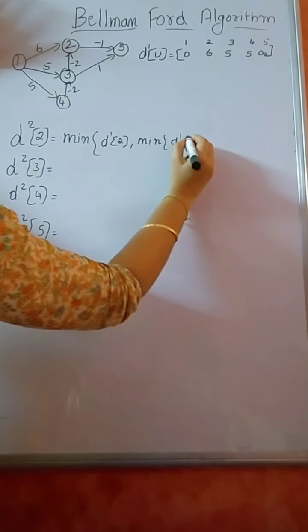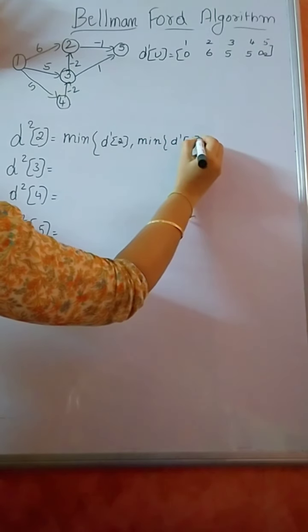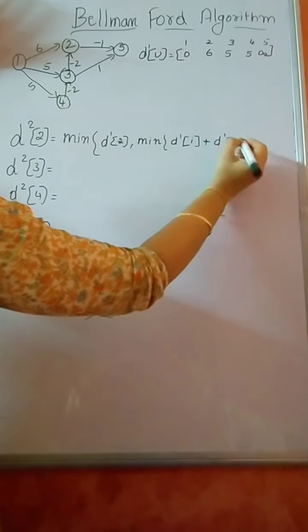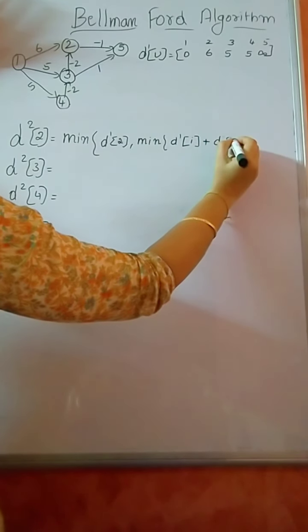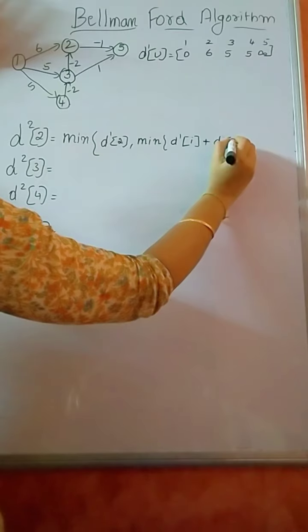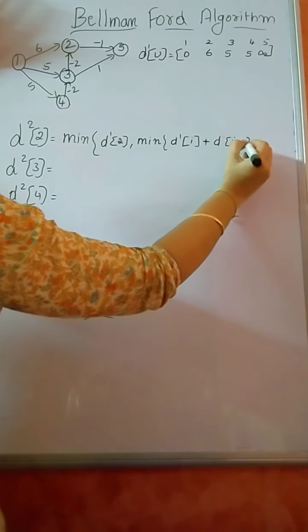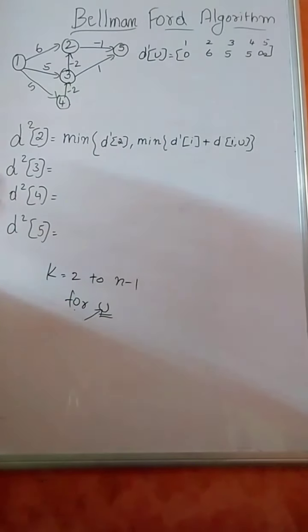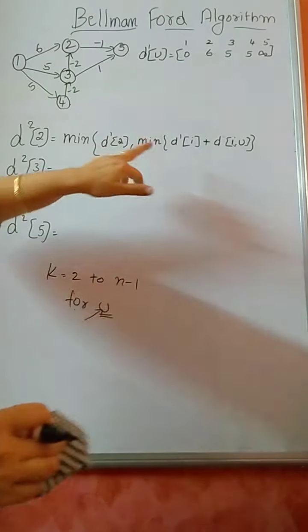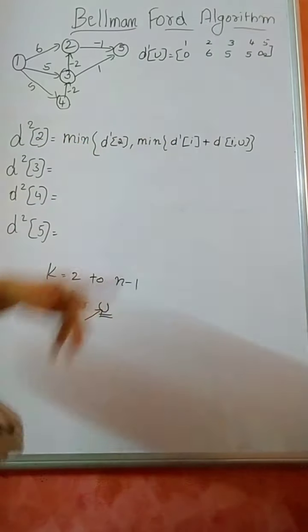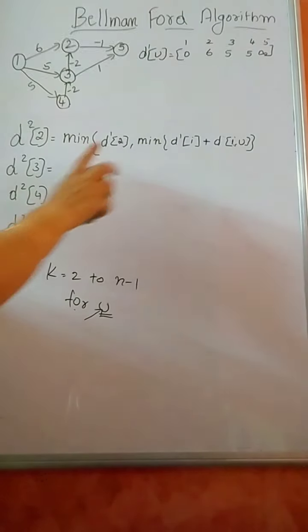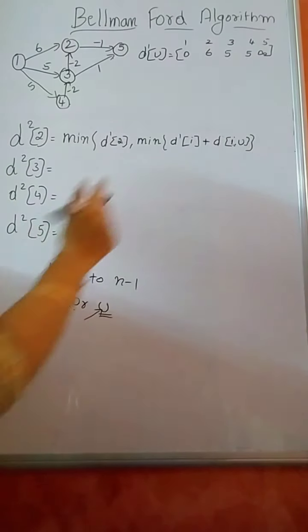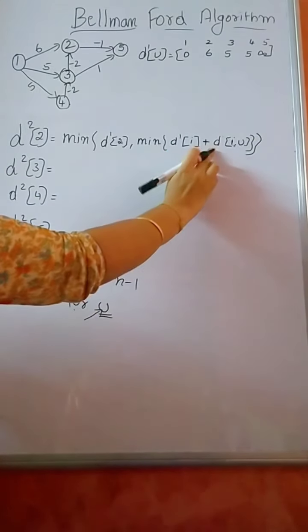So it is d1 of i plus d of i to u, whichever is minimum. For each incoming edge you need to repeat this. This formula I wrote while explaining previously.